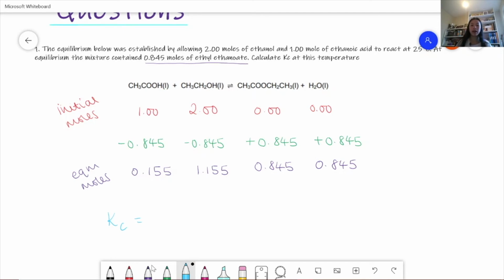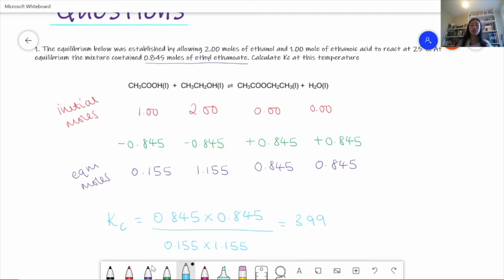And so we have 0.845 times 0.845 divided by 0.155 times 1.155, which comes out to be 3.99. And I've rounded this to three significant figures again because the values in the question originally are three significant figures.